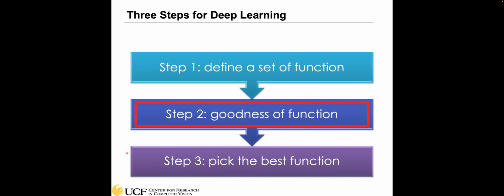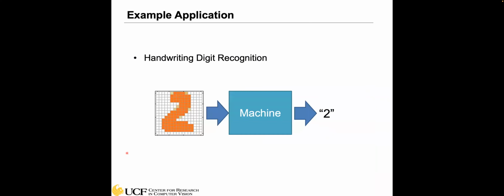Next we want to talk about the goodness of the function. How do we evaluate how good a particular function is? Let's look at a very specific example: handwritten digit recognition. This is a handwritten digit 2.